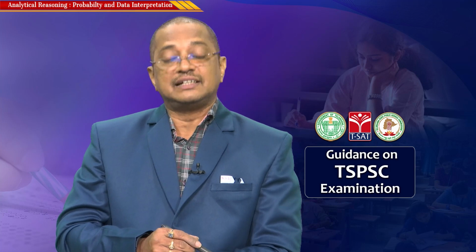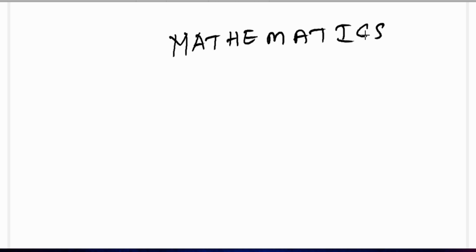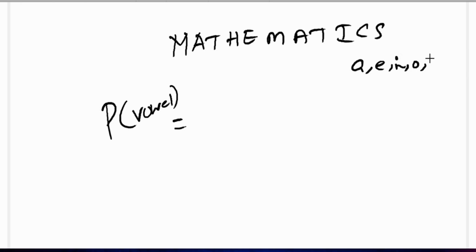Sometimes they will give a word, for example, mathematics. When you select randomly one letter from the word mathematics, what is the probability to get a vowel? You know that A, E, I, O, U are the vowels of the English alphabet, correct?